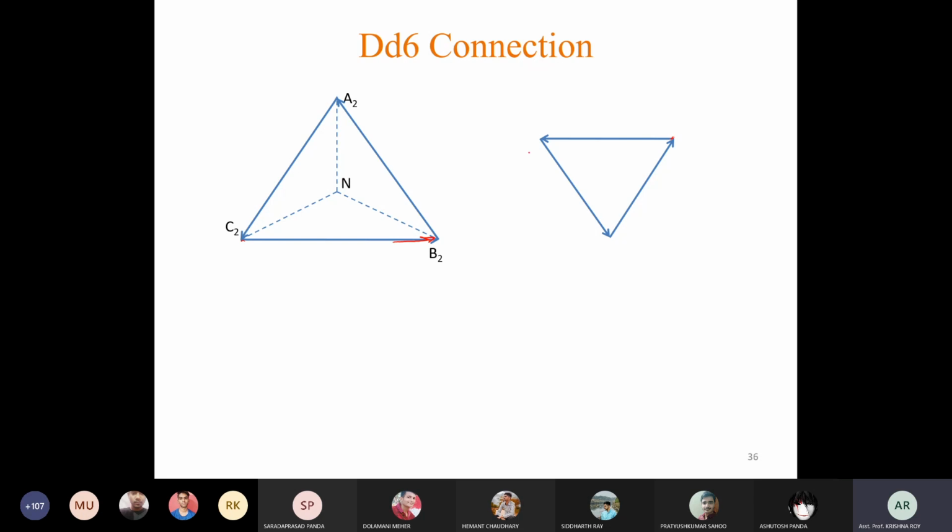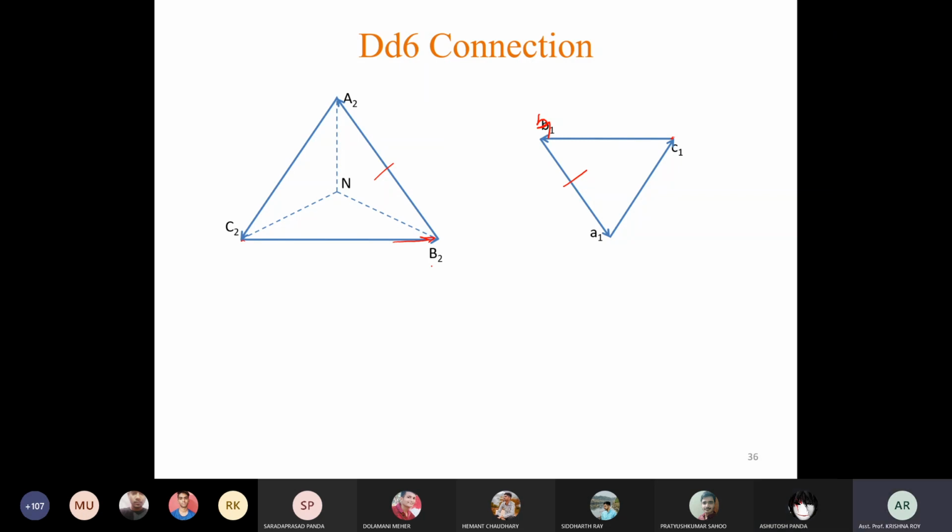So how to do that? You have to reverse the connection. That means if this is B2, then this has to be B1. So this is B1, this is A1, opposite to that of this phase, and this is C1. They are parallel, that is correct, but they are also opposite in direction, isn't it?